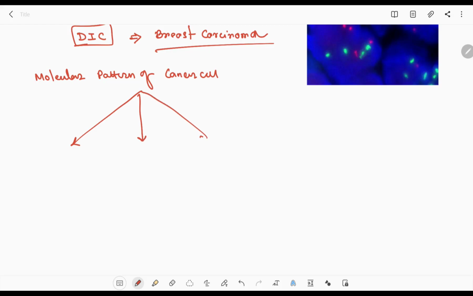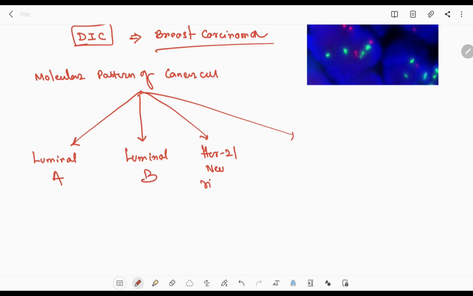We have 4 types: luminal A, luminal B, HER2 neu enriched, and lastly basal-like.